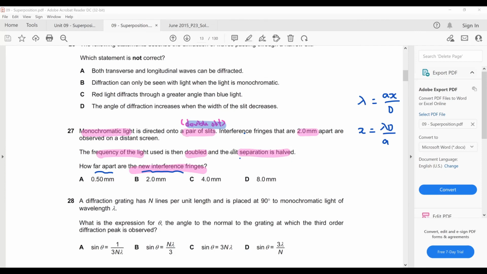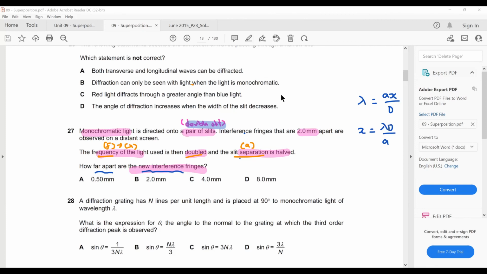What you can see here is that when they made the changes, what remains the same? Here you notice that they changed the frequency, they changed the slit separation. They made changes to f, which in turn means changes to lambda, and changes to the slit separation, meaning changes to A. The only thing they did not change was D, capital D, the separation between the slits and the screen.